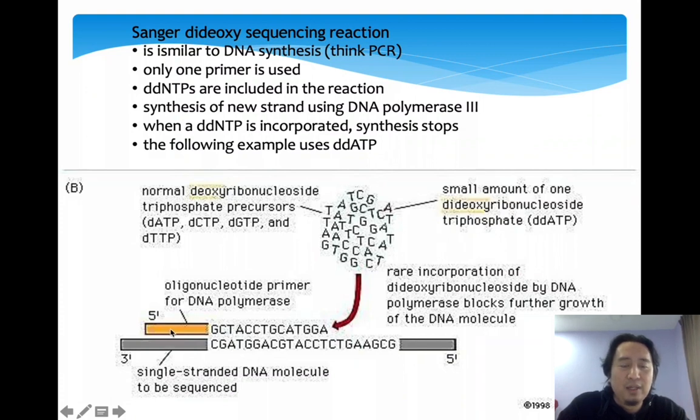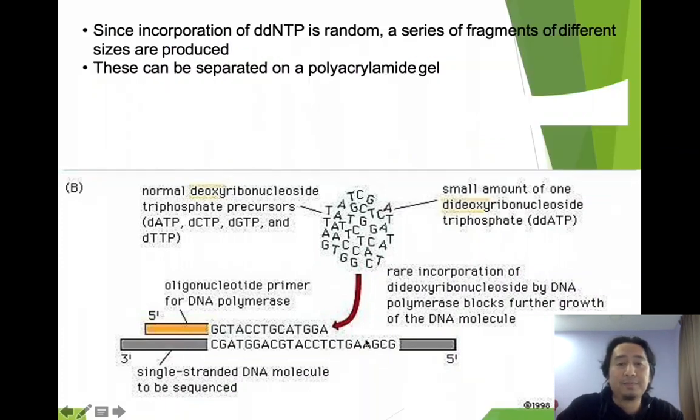And then the DNA polymerase reads the primer, C, G, T, A, and so on until it reaches C, reaches A, and it takes ddATP. So when the polymerase takes ddATP, the whole process is stopped. So elongation is terminated.